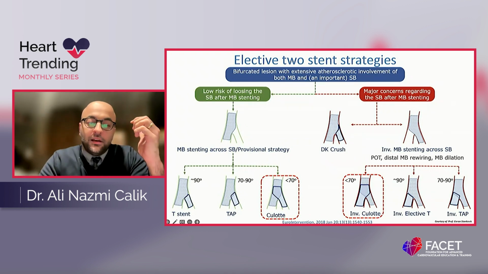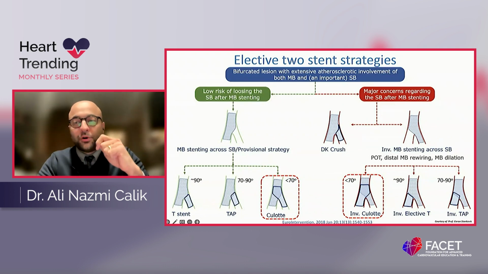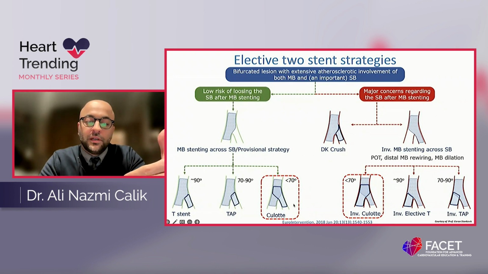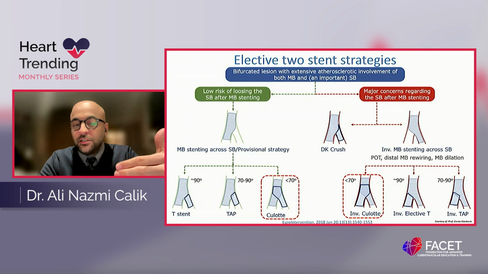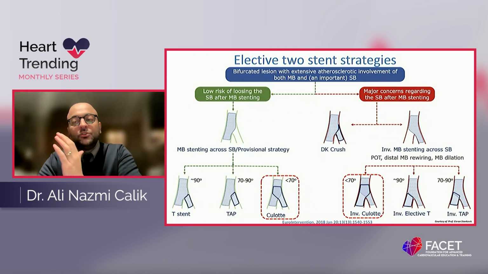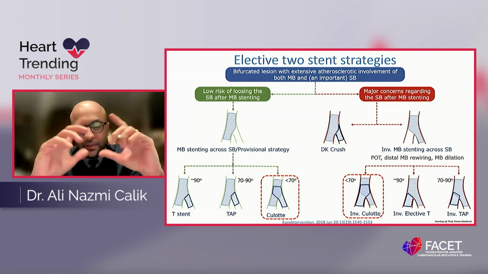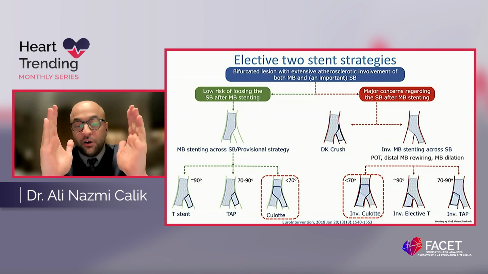Because when you put your stent from the side branch to the main vessel, you don't protrude it minimally as in the TAP. You just withdraw it to the main vessel with an overlap with the first stent of at least 3 to 4 millimeters. So the second stent in culotte should touch both walls of the main vessel.